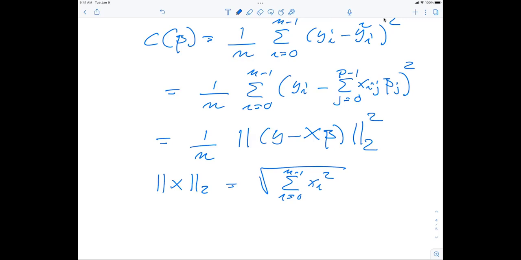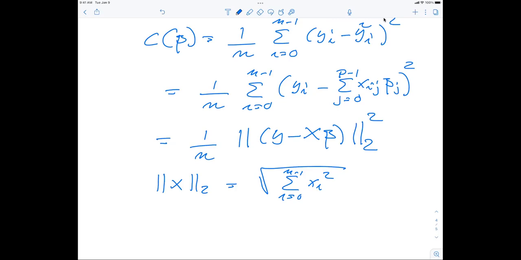But now it's useful to take a look at what we are going to do. If I want to find the optimal parameters beta, what kind of mathematical procedure or method would I use to find the best parameters beta?